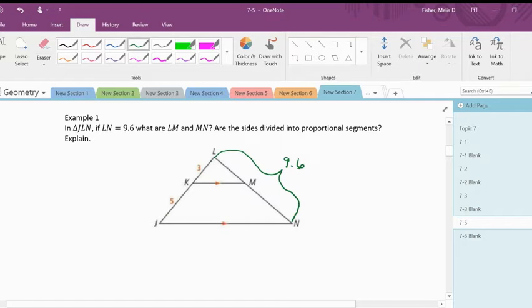Let's take note that angle L is going to be congruent to angle L in both triangles. Make sure that looks like angle L is congruent to angle L, and that is the reflexive property.